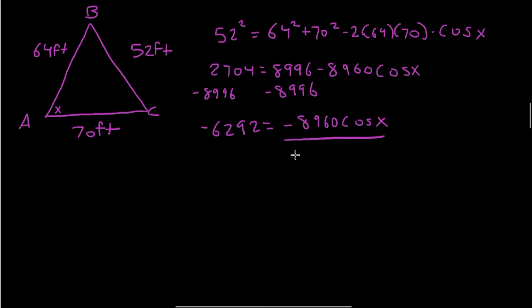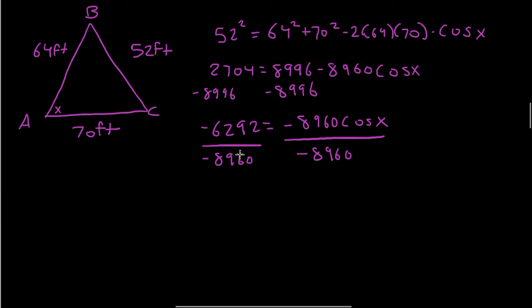Then we're going to divide each side by negative 8,960 in order to leave the cosine of x by itself.